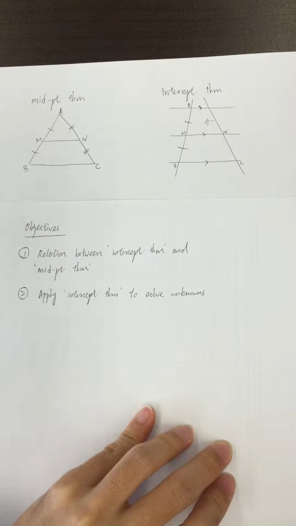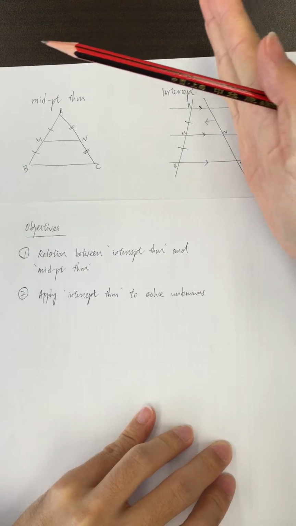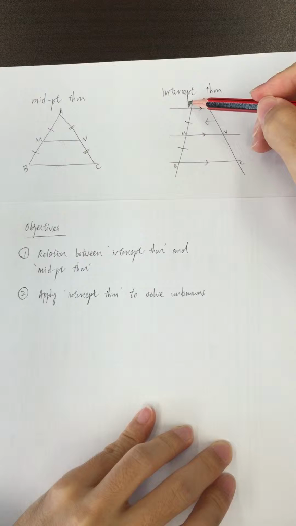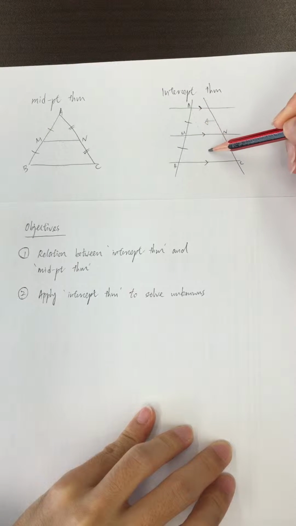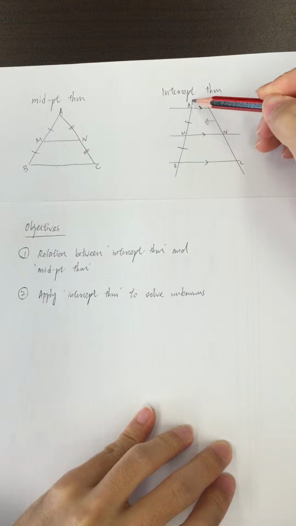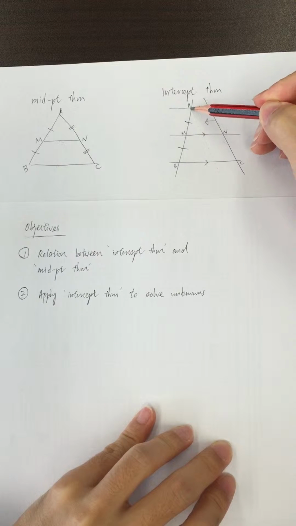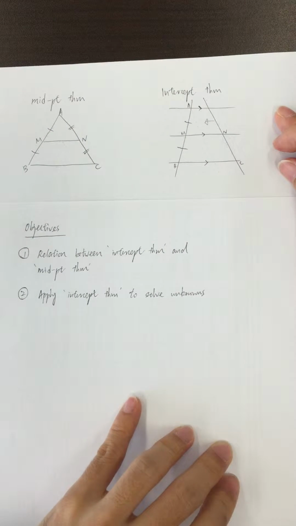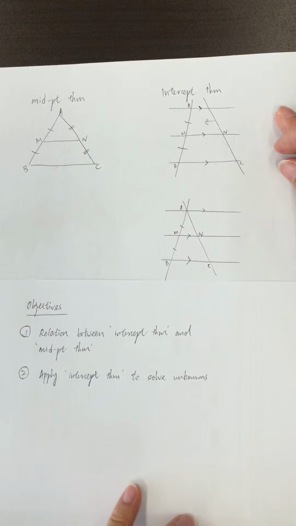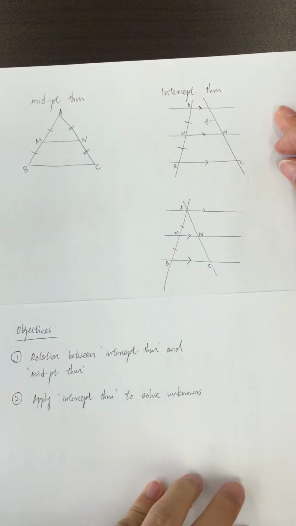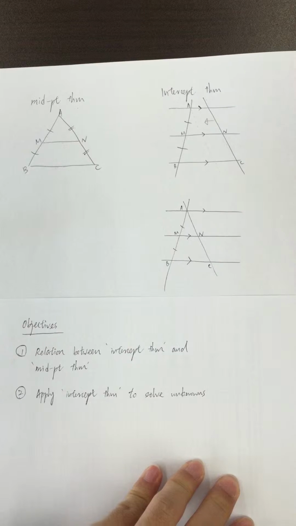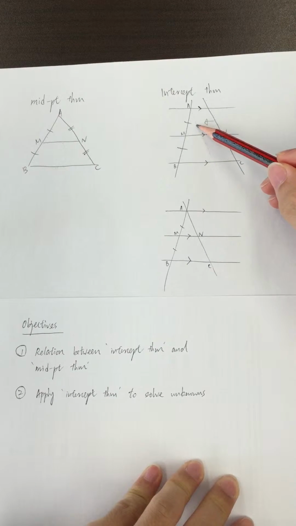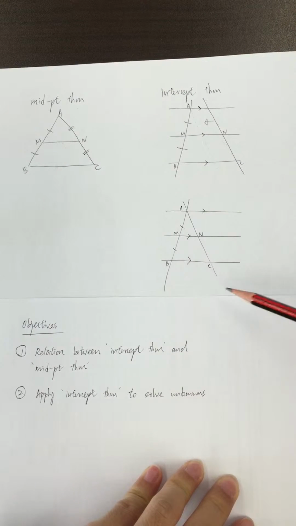So imagine now we are going to push it until the straight line intercepts another at point A, and then I stop. In this case, you will have another figure like this. After you shift it to the left, it becomes another figure.